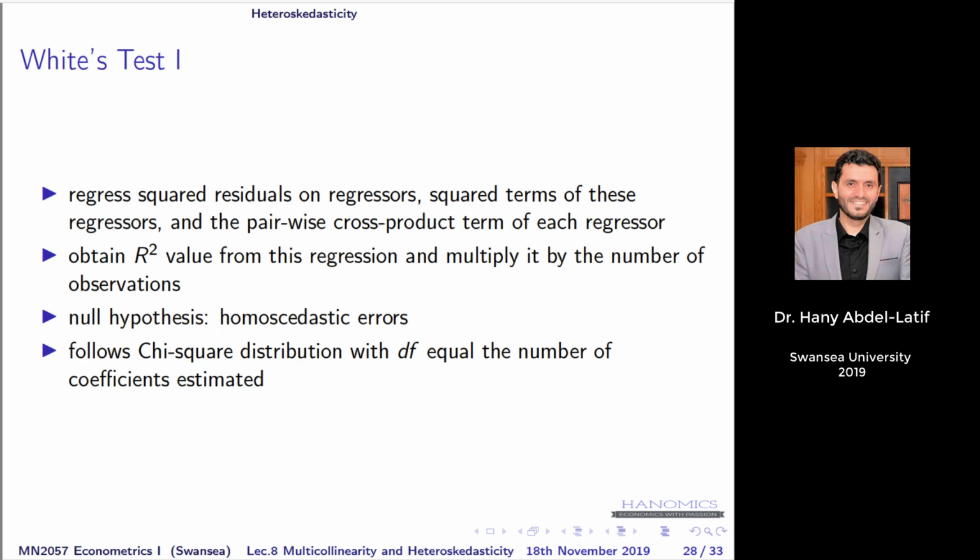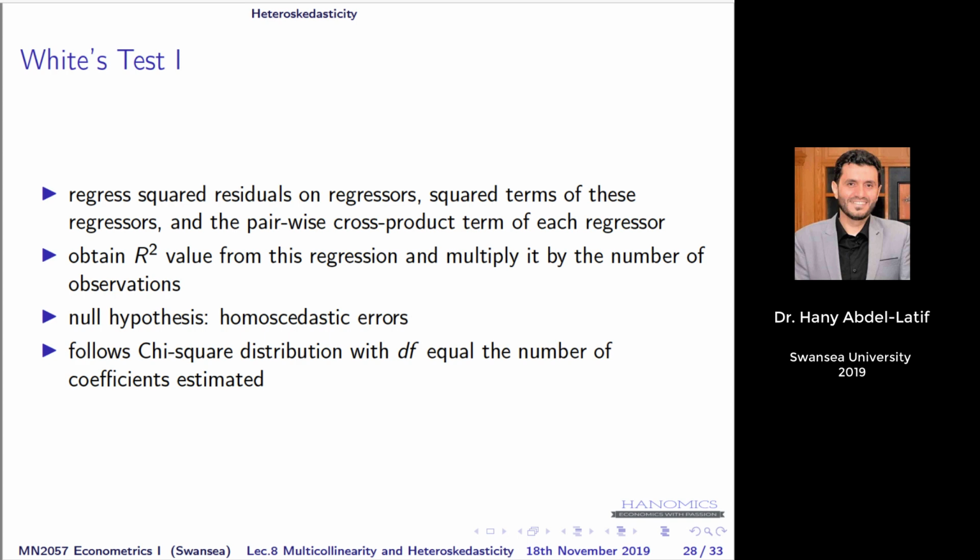So you run the squared residuals on the regressors and the regressors squared. So you run the residuals squared on X and X squared. Okay, so if you have x1 and x2, then you have the squared residuals on the left-hand side. On the right-hand side you will have x1, x2, x1 squared, x2 squared, and then you multiply x1 times x2, and so on.